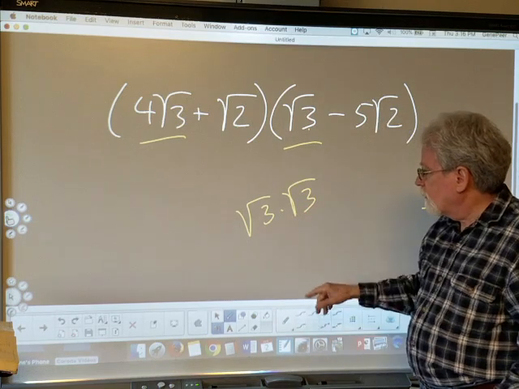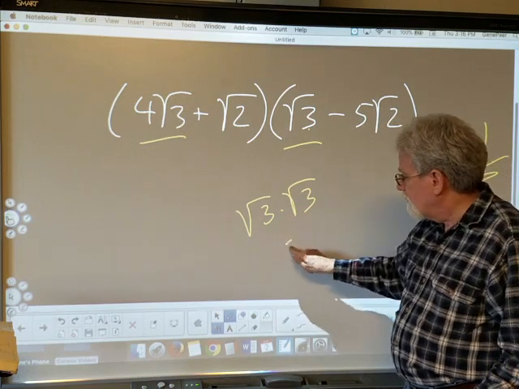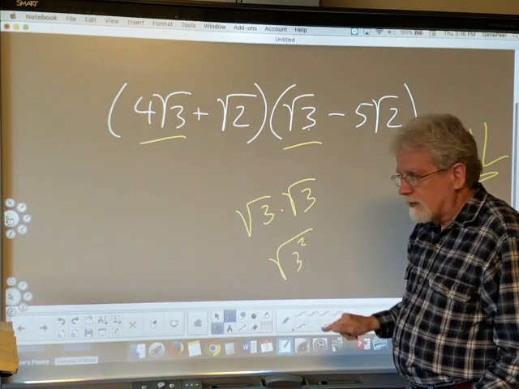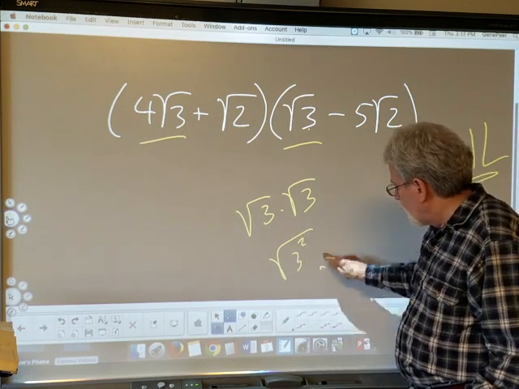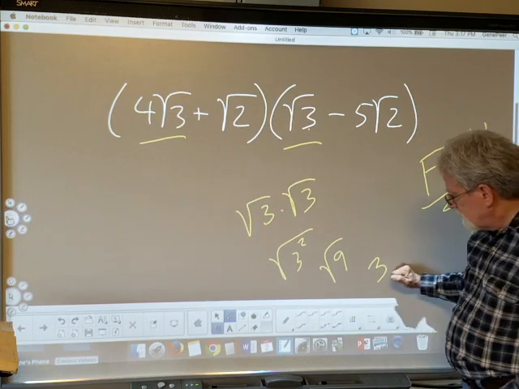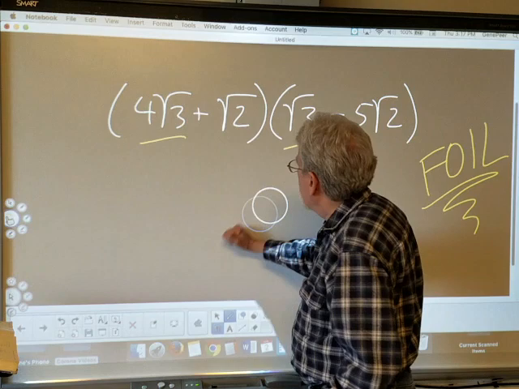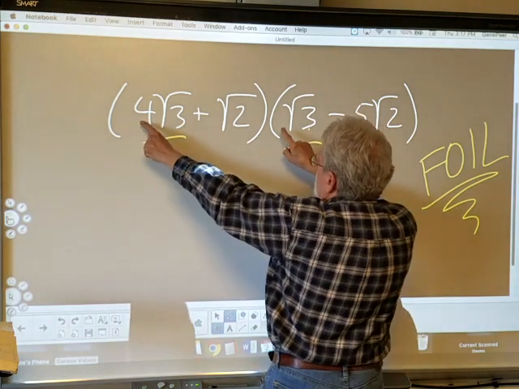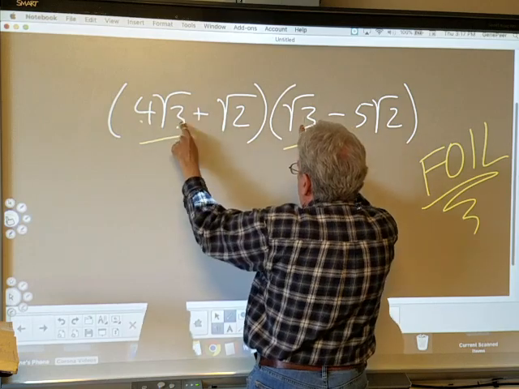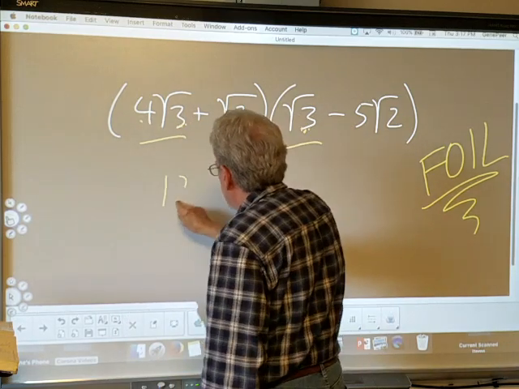It becomes just plain 3, because is it not square root of 3 squared? Is it not square root of 9? Is it not just plain 3? Yes. So we have here 4 times 3, being 12.